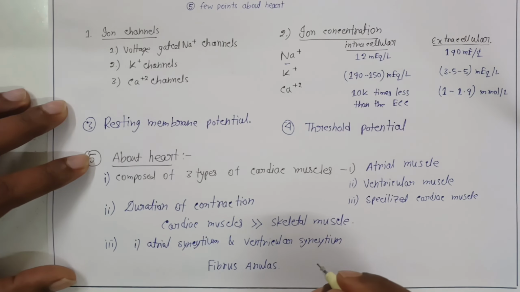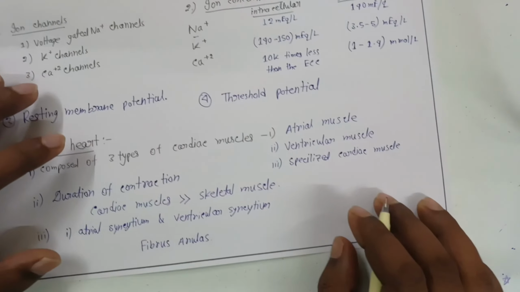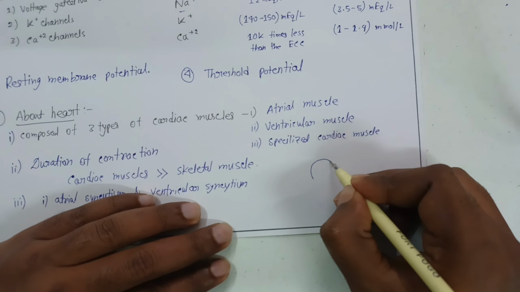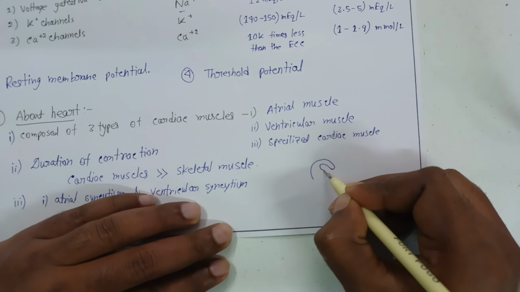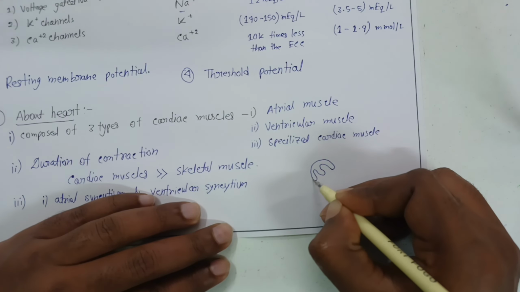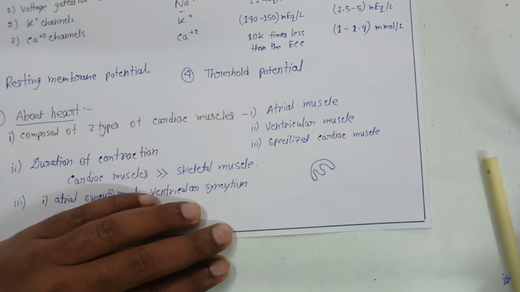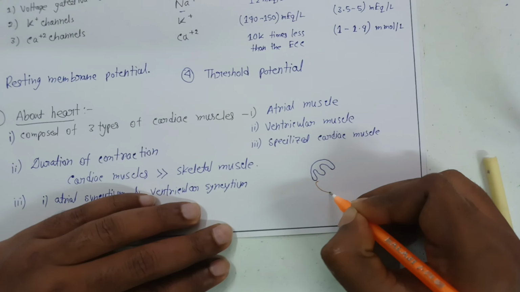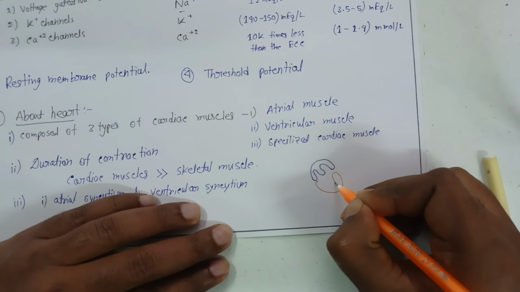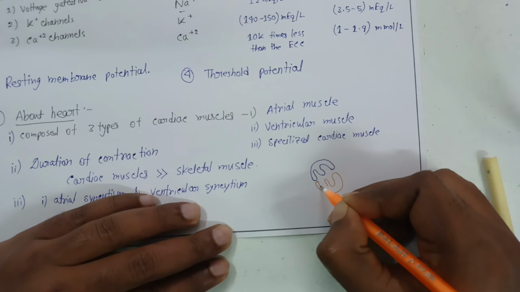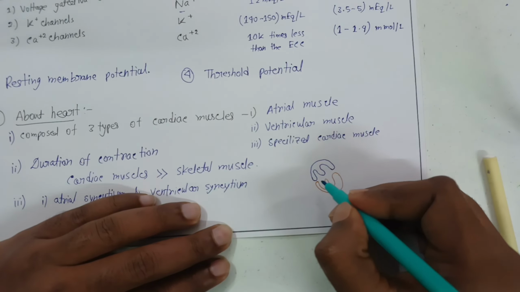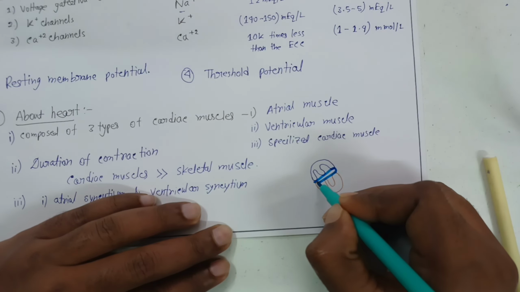Let's try to understand this concept. If we consider that this is our atrial chamber, and this is our ventricular chamber, in between them there is a fiber separating these two.